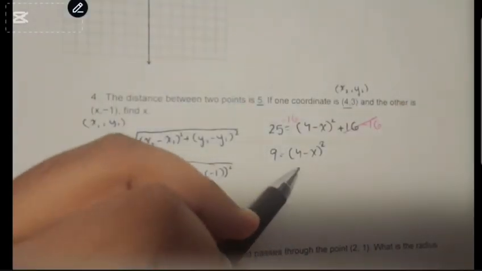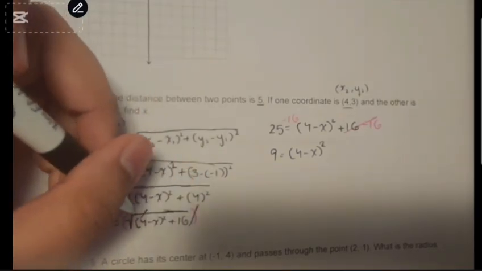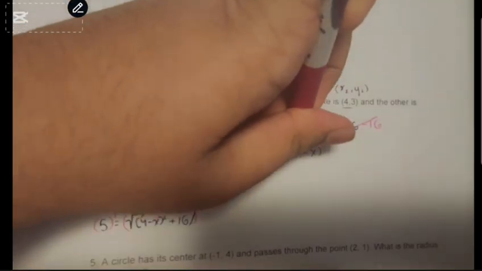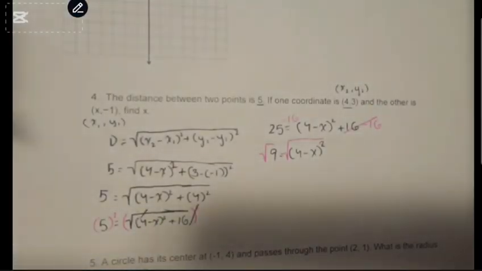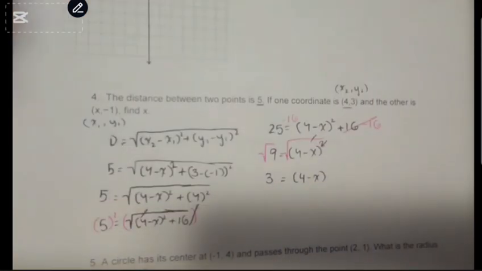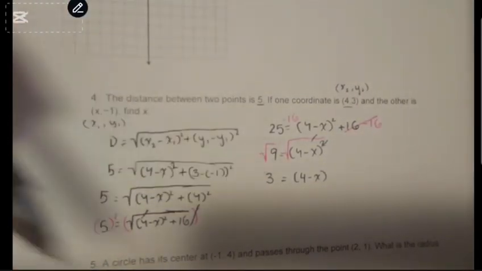Now, since we know when you have a square and you take the square root, it cancels out, we can do the same thing here. So now what happens is, 3 equals 4 minus x. Right? So one thing we should notice is that this is a positive 9.